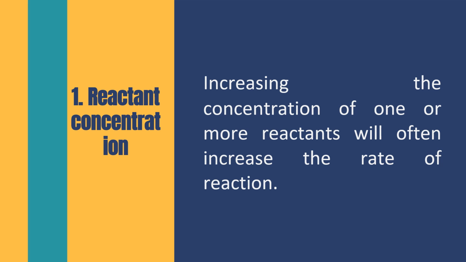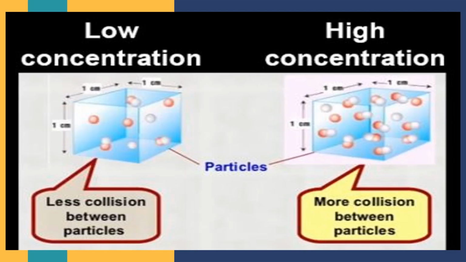This occurs because a higher concentration will lead to more collisions of that reactant in a specific period of time. As you can see, low concentration leads to fewer collisions between the particles, while higher concentration will lead to greater collisions between the particles.